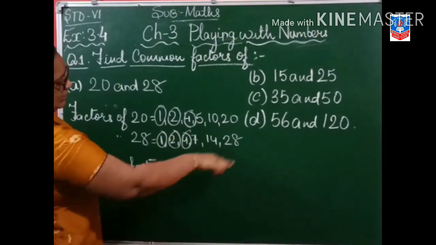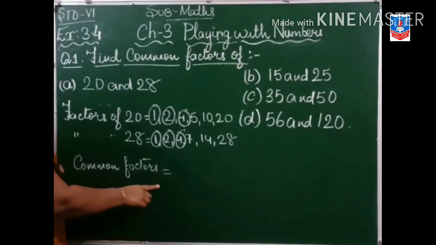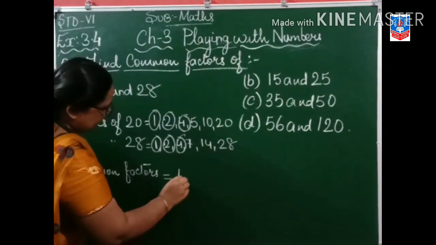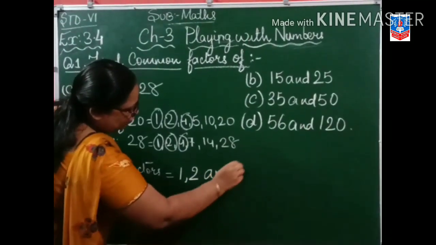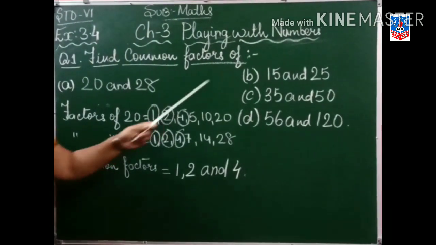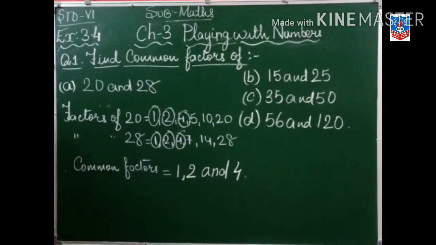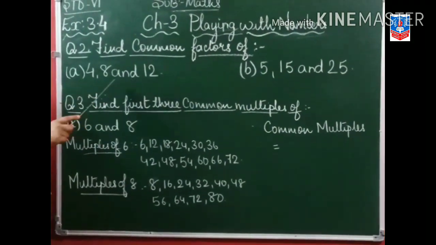Now check, is there any other common factor? No. Therefore, common factors of 20 and 28 are 1, 2 and 4. Understood? Now sums B, C and D, this is your homework. Question number 2 is your homework.